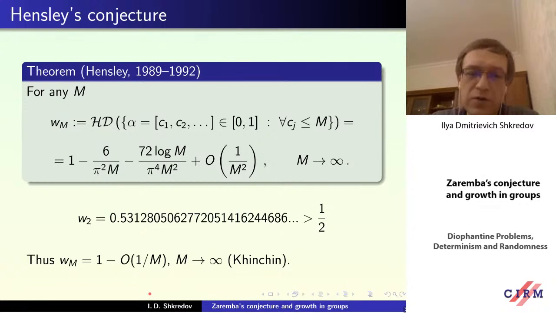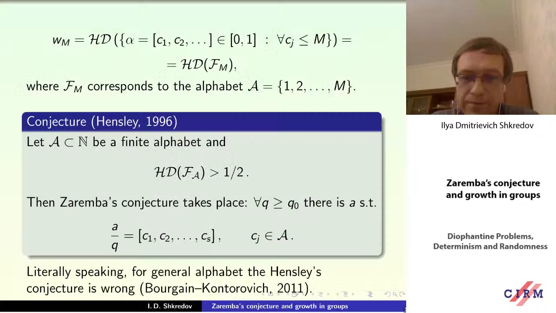This asymptotic was known by Khinchin in the 30s. Actually, for us it is sufficient to know that w_M is 1 minus big O of 1 over M. Okay.